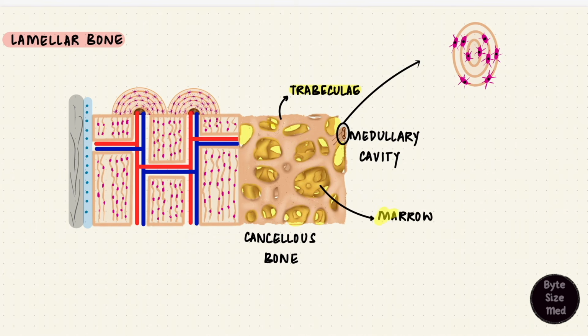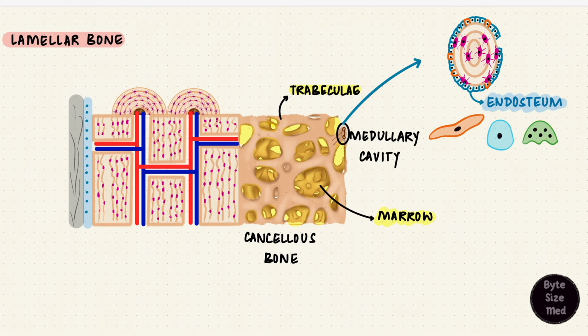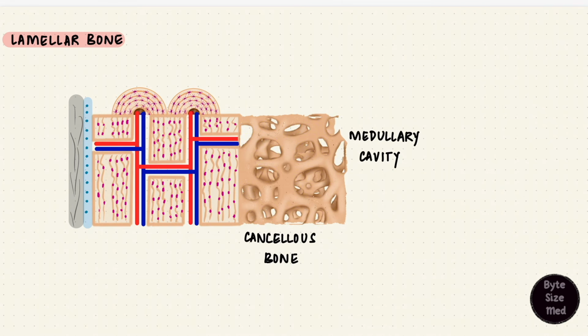And the marrow cavities are lined by endosteum, which has those osteogenic cells, osteoblasts, bone lining cells, and some osteoclasts. This endosteum is thus important for bone growth, repair, and remodeling because it's got all of those cells. And this cancellous bone is then followed by that central medullary cavity.